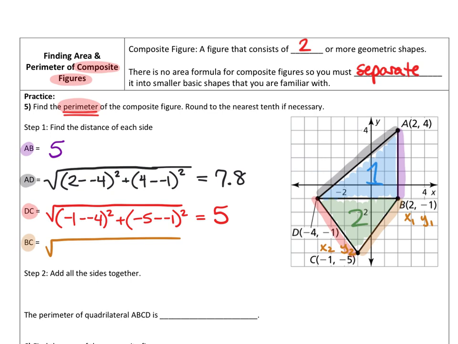For you especially, because you don't have color code, unless you switch to color coding, that would be great. This one is x2 minus x1, close parentheses, squared, plus, open parentheses, y2 minus y1, close parentheses, squared. Beep, beep, bop, we type it in a calculator. Again, I'm trusting we can do that part because you've all pretty much shown me we got that. We would also get 5 there.